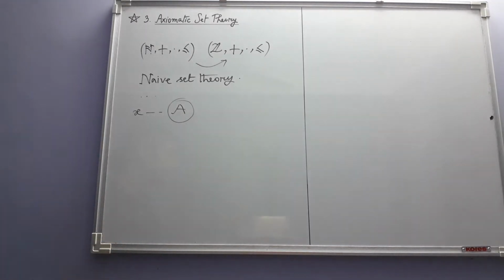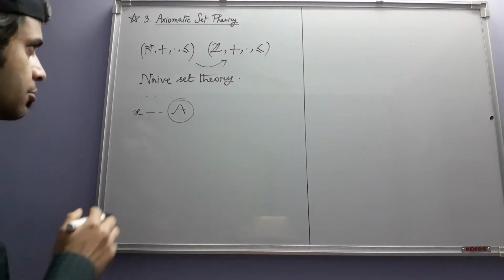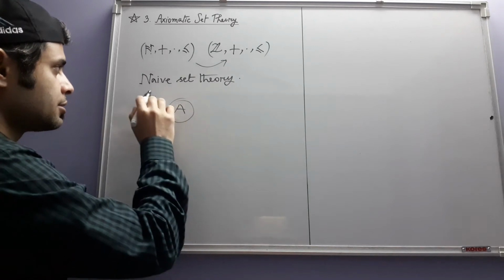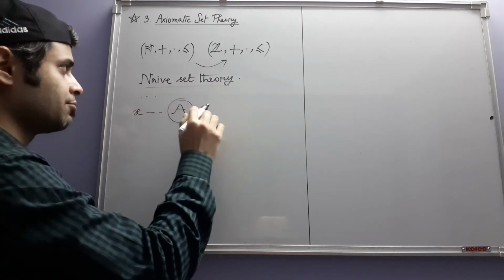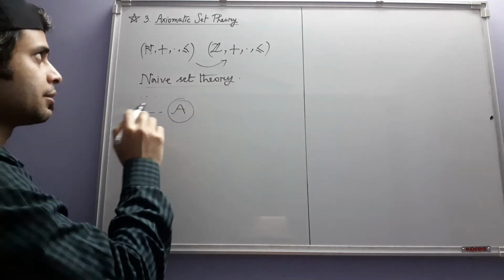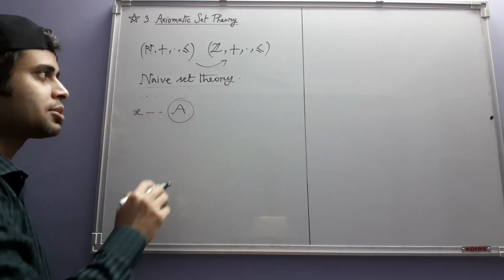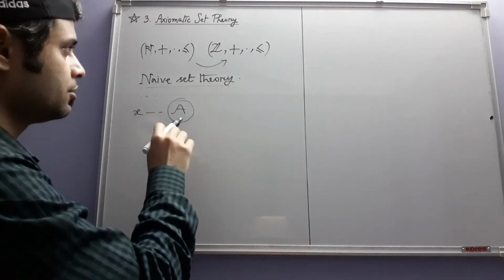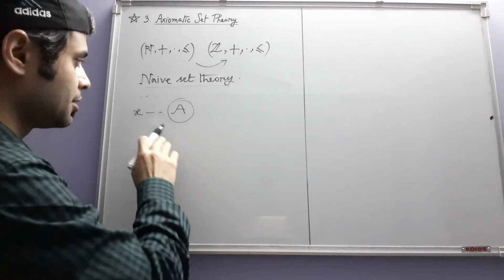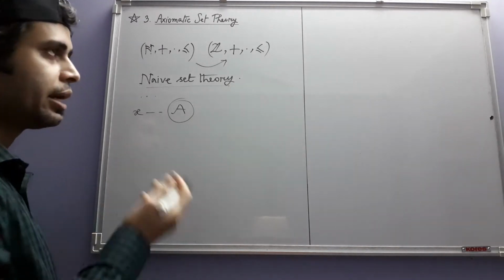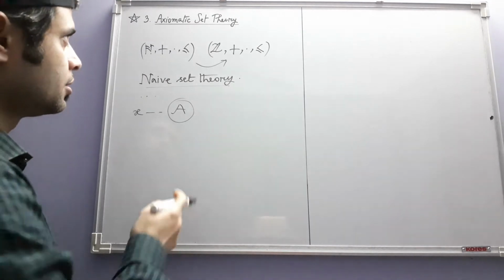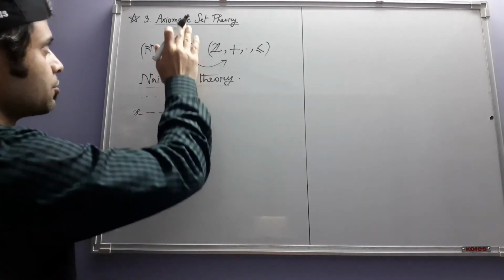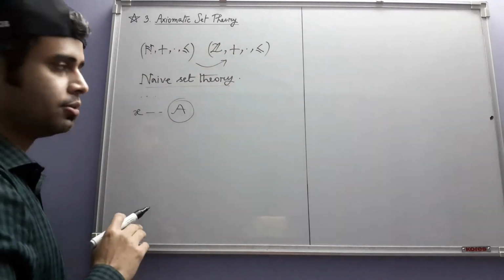That is essentially Russell's paradox. So to get rid of those things, we mentioned when we discussed this that some axioms are needed to be put into set theory to restrict it in such a way that such collections do not arise as sets. So that's what we are going to do in axiomatic set theory.